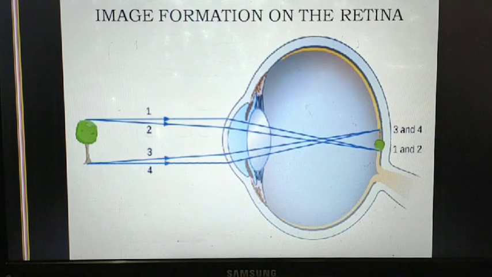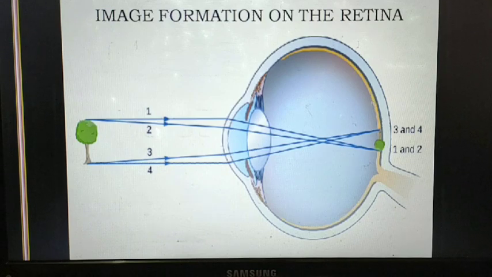So there is a chemical reaction of light in the retina, and already you know that the choroid forms a black coat due to the presence of pigment cells, and this prevents the internal reflection of light rays.